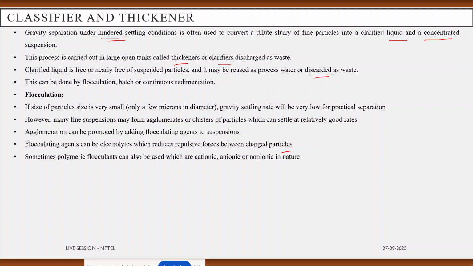Sometimes a polymeric flocculant can also be used, cationic and anionic in nature. Some relatively economical flocculants such as lime, alumina or sodium silicates we also use to form loose agglomerates.